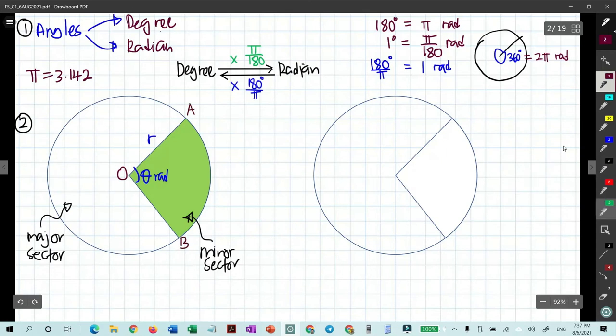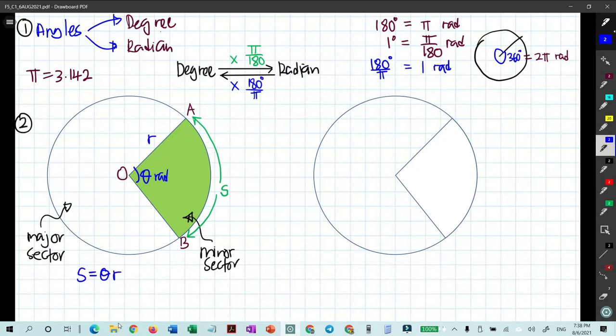So in order to find the length of arc, or the arc length, can be labeled here. So I'm going to use S to represent the arc length. So this is actually the arc, and we use S to represent the arc length. So the arc length is actually equivalent to theta times by r.